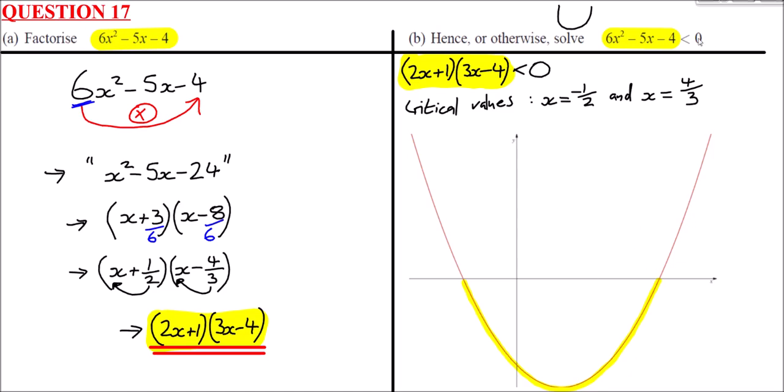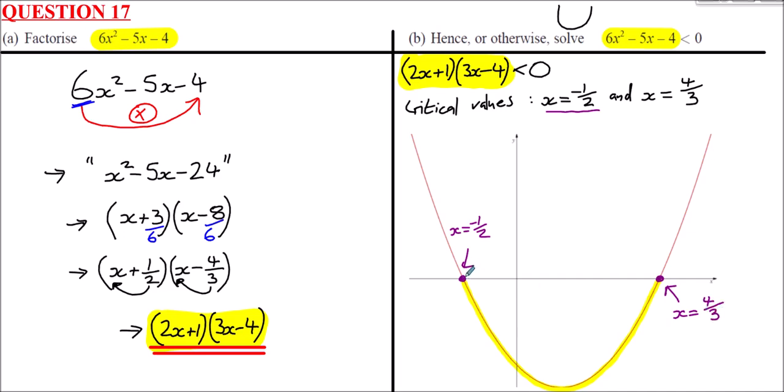So because I'm wanting it to be less than 0, I'm wanting this bit underneath the x-axis where it's negative. And so these two values here relate to these 2 points. That's where x is minus a half, and this one over here, that's where x is equal to 4/3.